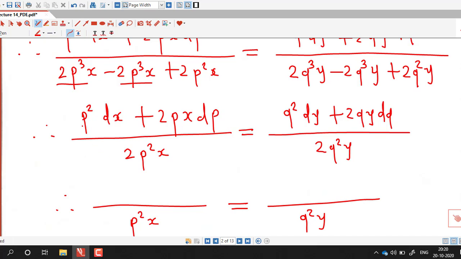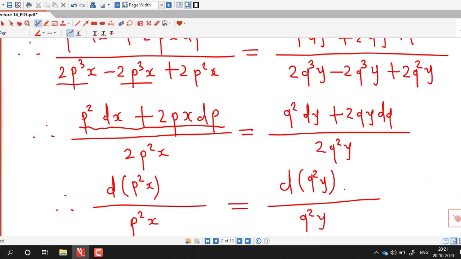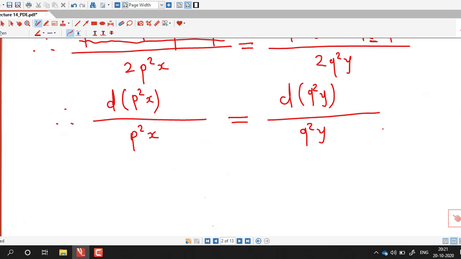Now if you observe this numerator, it is nothing but the total differential of p square into x. This I can replace by the differential of p square into x. Differential of p square into x equals p square as it is dx plus x as it is 2p dp. Similarly here also we have the differential of q square into y. Q square as it is differential of y plus y as it is differential of q square, which is 2q dq. Okay, so now we can see this is separable, so we can integrate both sides.